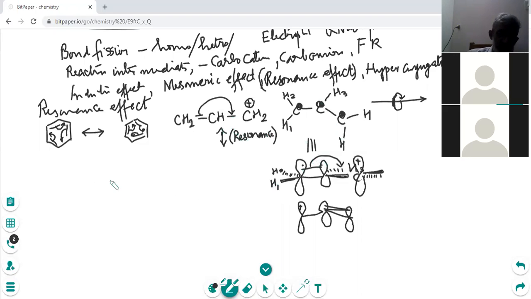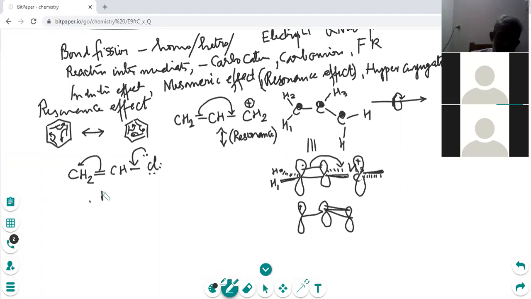Okay. Similarly, you can have another one, a vinyl chloride. Vinyl chloride. This also can stabilize. See here. We can delocalize these electrons. So this is stabilizing.